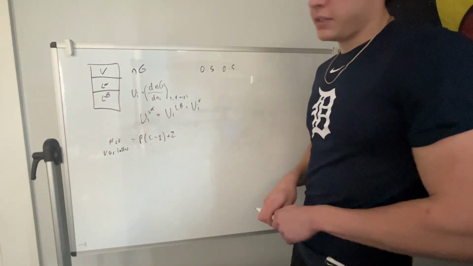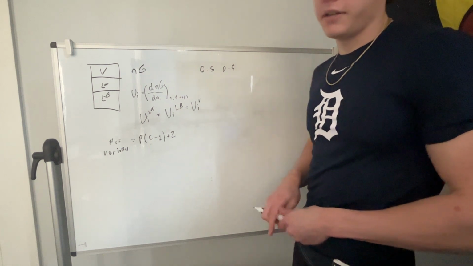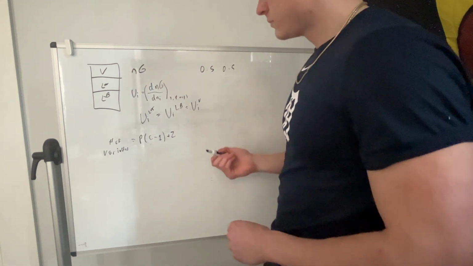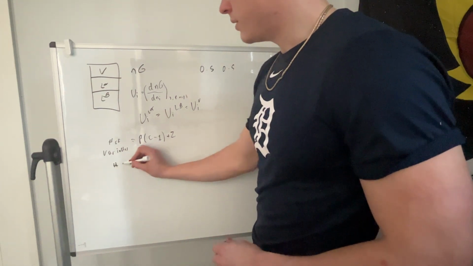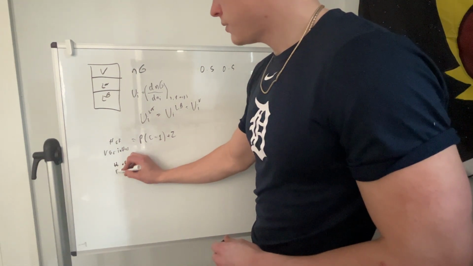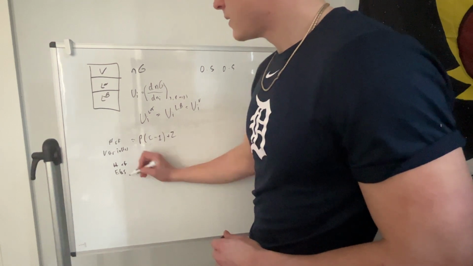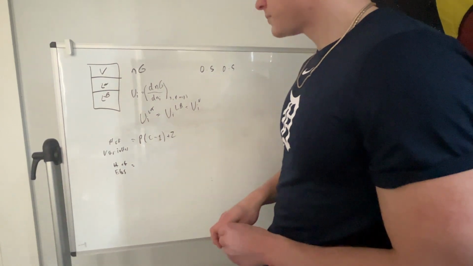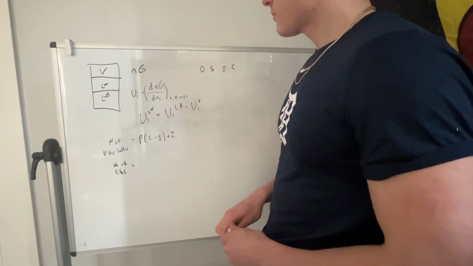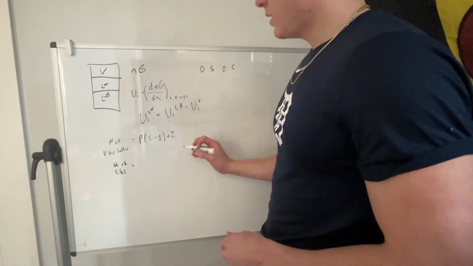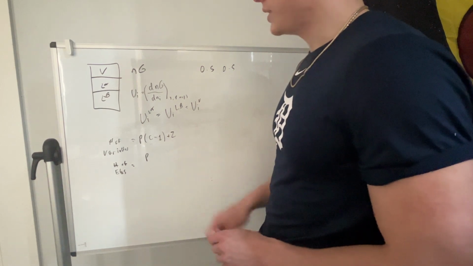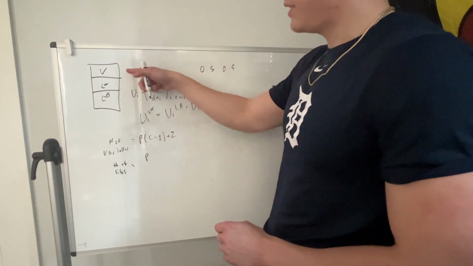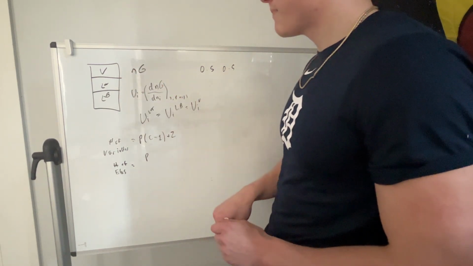So the next thing we can figure out is how many different equations we have. Our number of equations is equal to our different phases, because these are all equal to each other, so this would be equal to that.